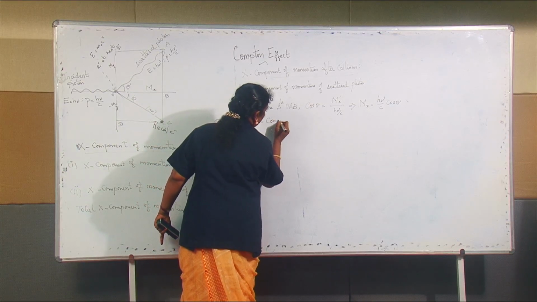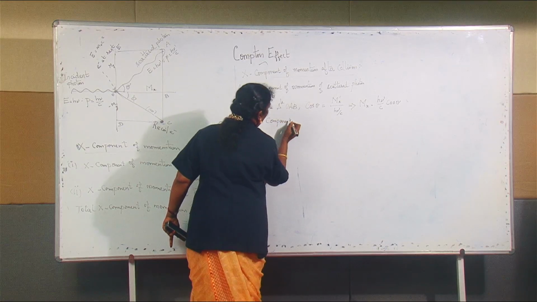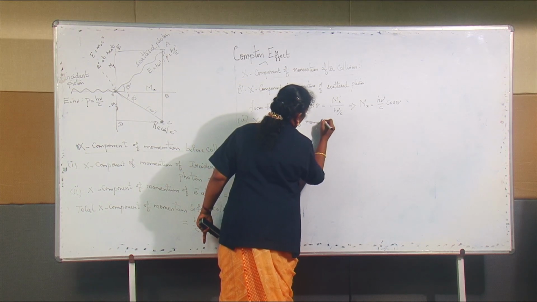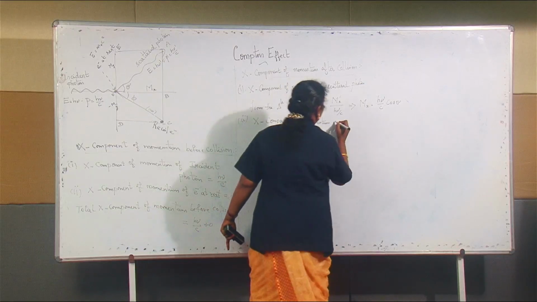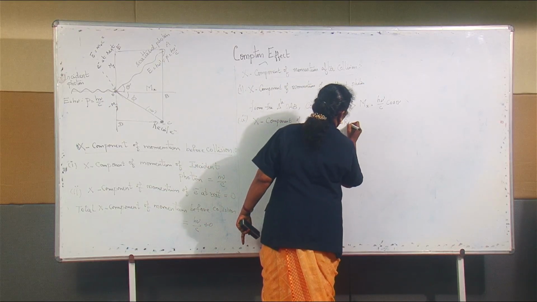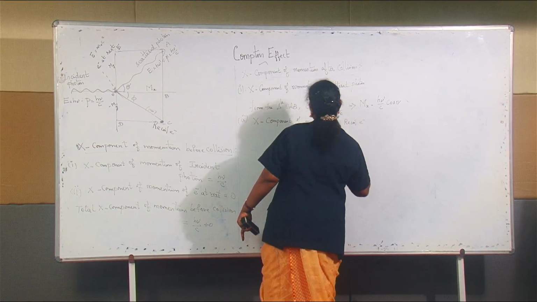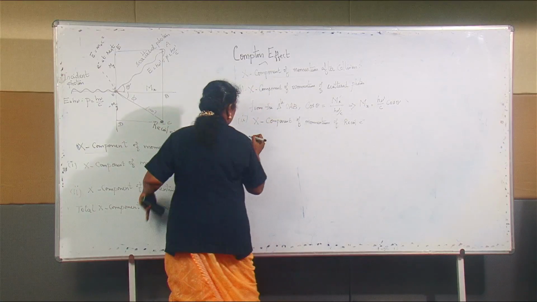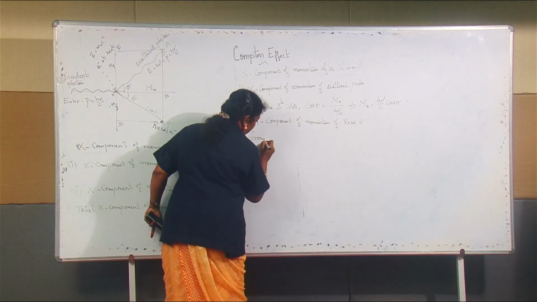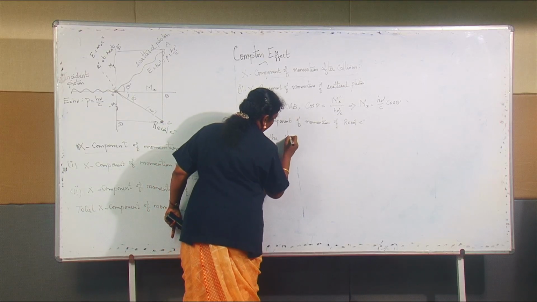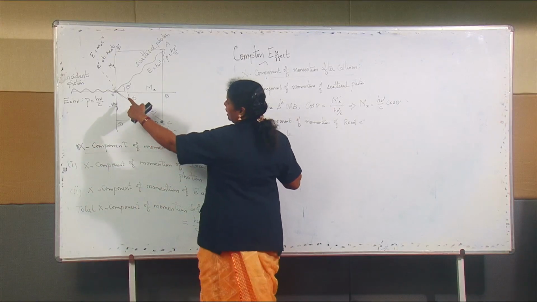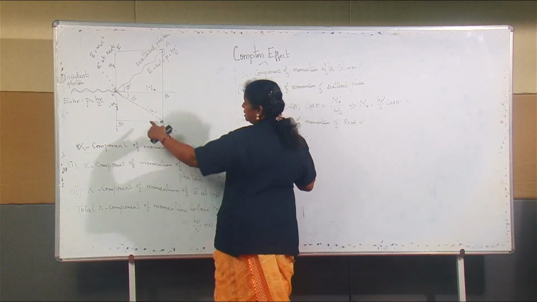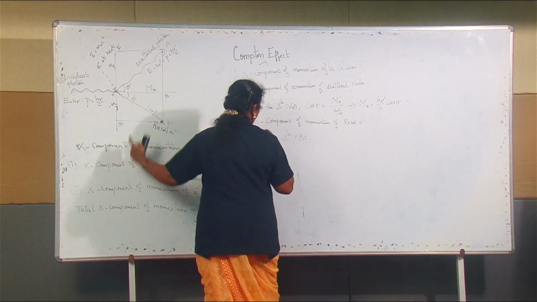Similarly, we want to find the x component of momentum of the recoil electron. The electron is also not on the x axis. So, from the triangle, here now we have OBC, with the angle phi.